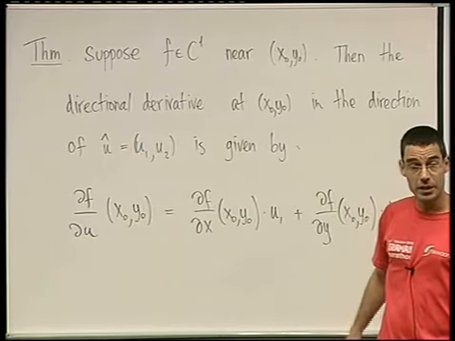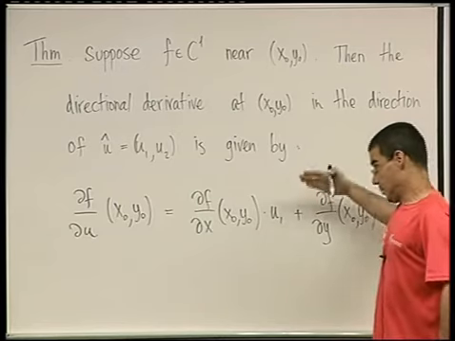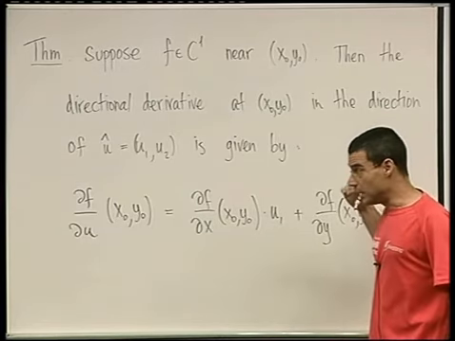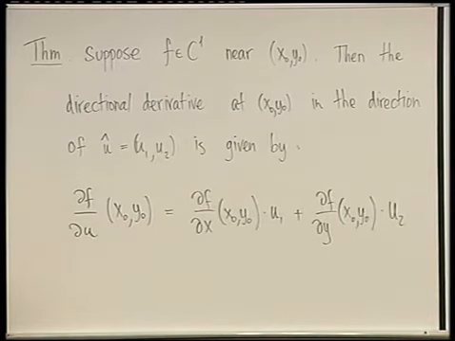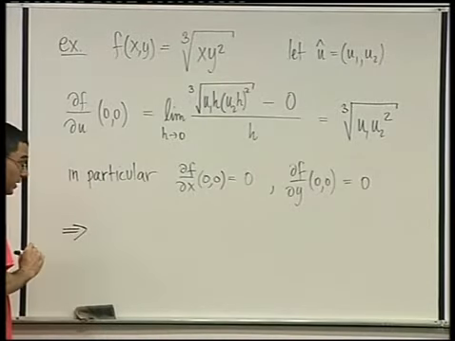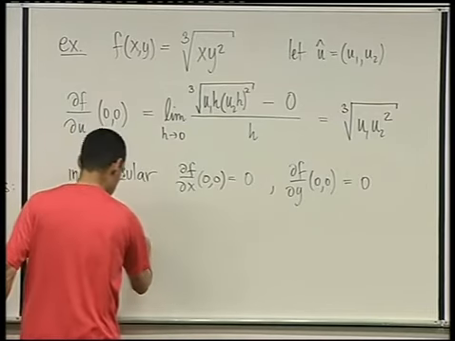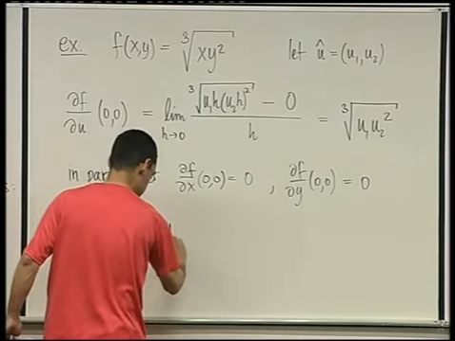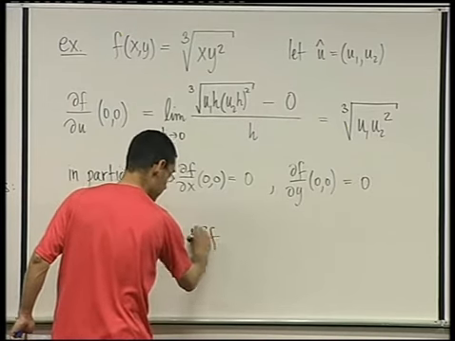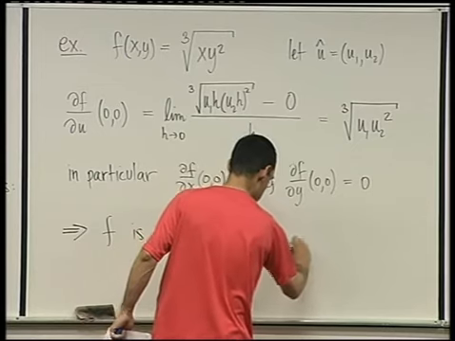It's not differentiable. Okay? So we believe this theorem because we proved it, and therefore, we can conclude here, without proving anything else, that f, in this example, is not differentiable, or is not C1 at 0, 0.